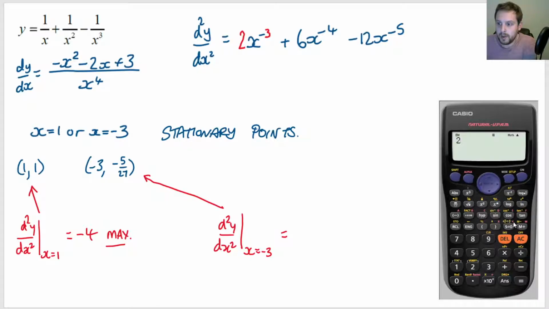So I'm going to do 2m to the -3 plus 6m to the -4 minus 12m to the -5, and I get 4 over 81. And since that's positive, it's a minimum. So let me just double check.